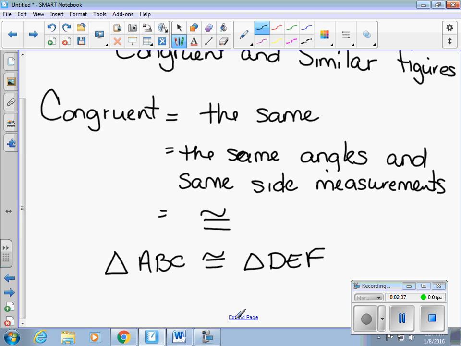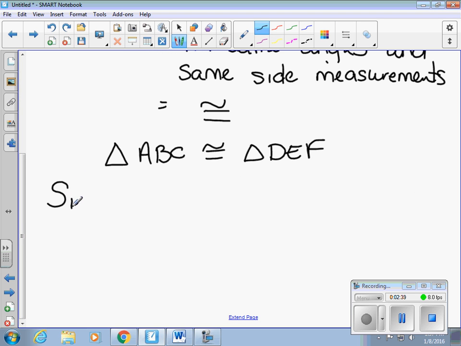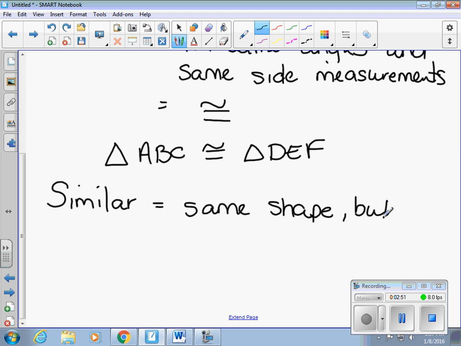Now, we also have the word similar. Similar means I have the same shape, but not necessarily the same size.